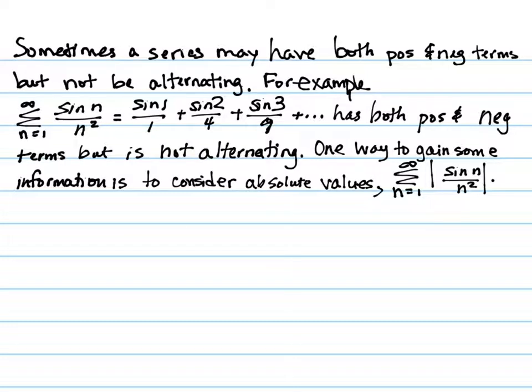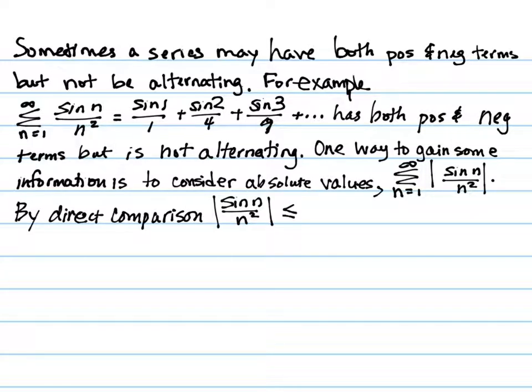Okay, so we talked about direct and limit comparison tests last class period, right? So thinking about that direct comparison test, by direct comparison, sine of n over n squared would be less than or equal to 1 over n squared, wouldn't it?